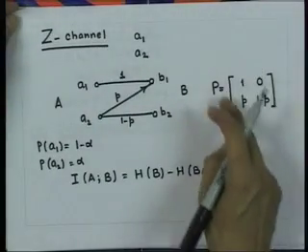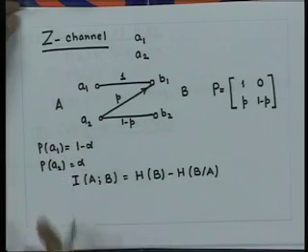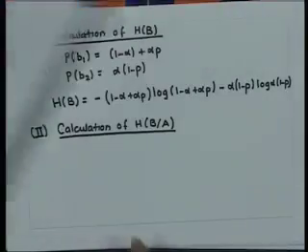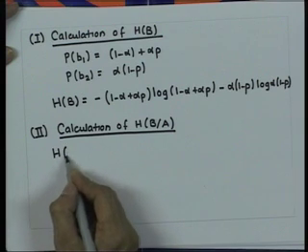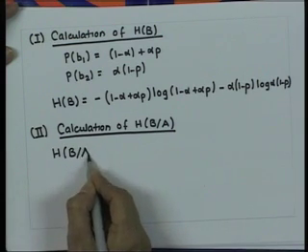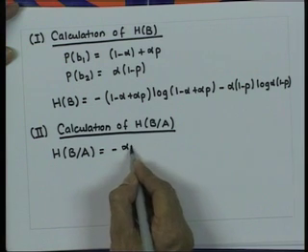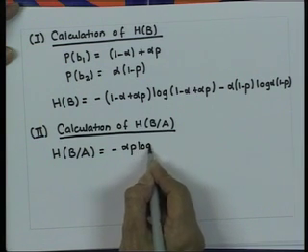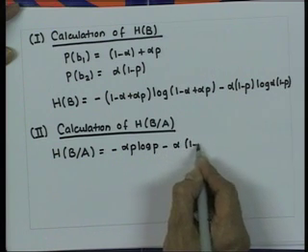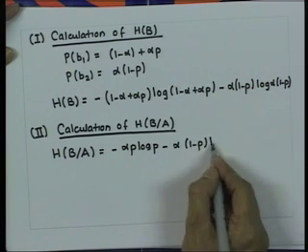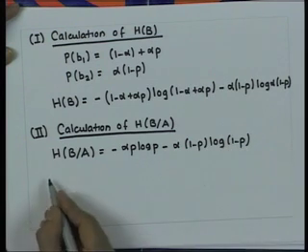Using this channel matrix and this input probability model, we can easily write down H(B|A) = -alpha p log p - alpha(1-p) log(1-p).